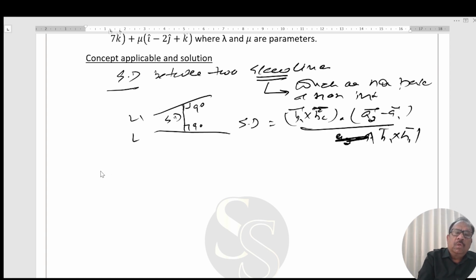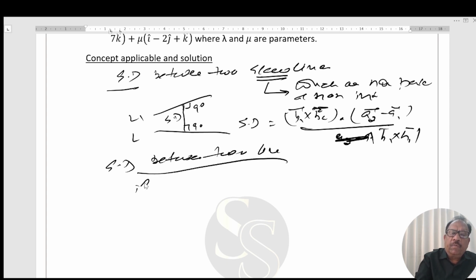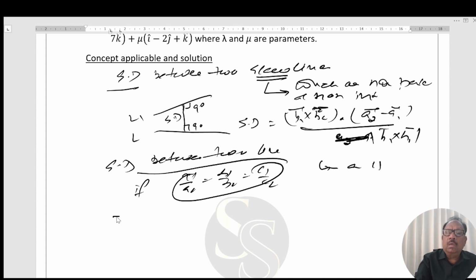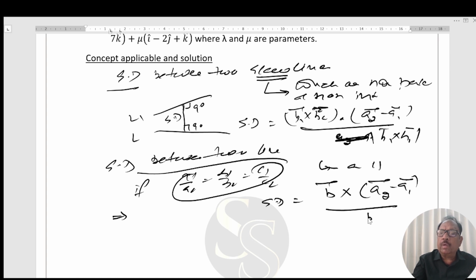Shorter distance between two parallel lines: if a1 over a2 equal to b1 over b2 equal to c1 over c2, the lines are parallel. In this case, shorter distance is given by the magnitude of b cross (a2 minus a1) upon the magnitude of b.